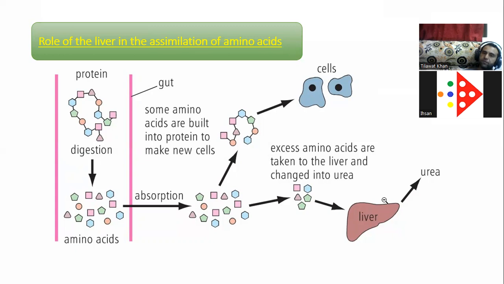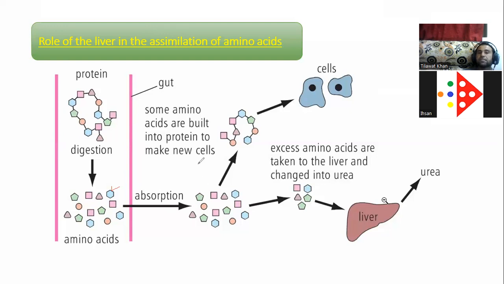Got it? So the protein is digested within the gut with the help of enzymes, and it will convert into amino acids so that it is easily absorbed into your blood from your intestine. Right?